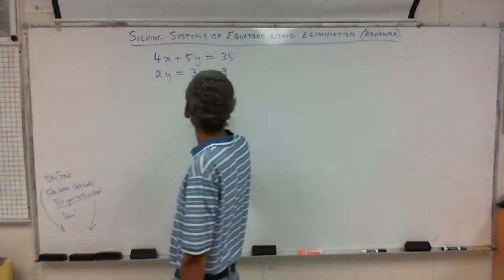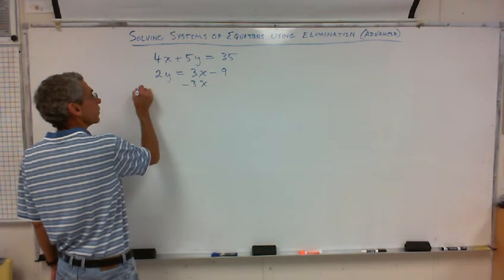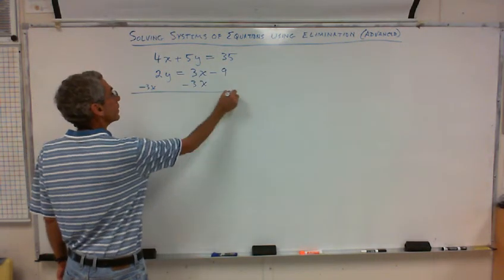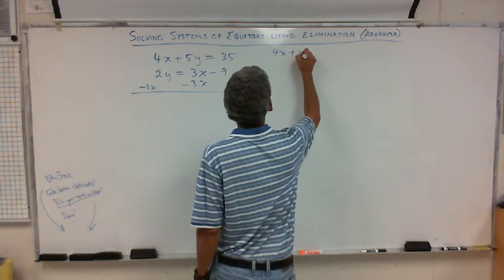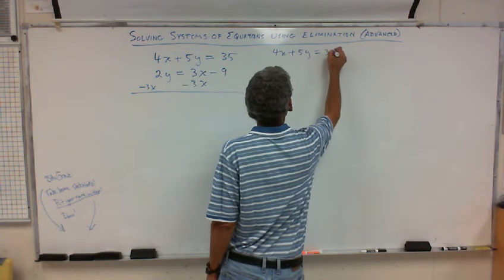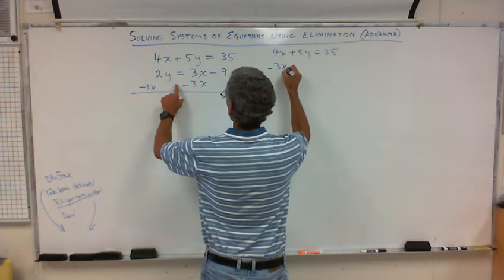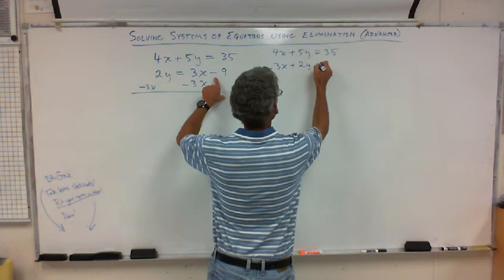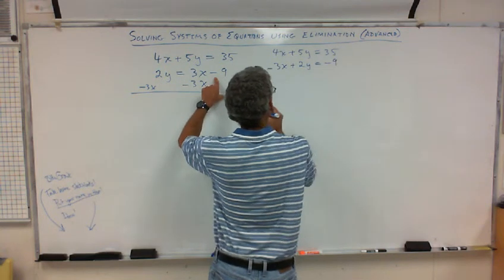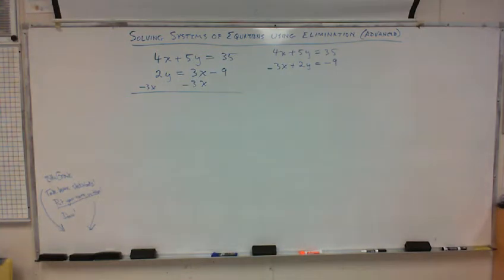So the first thing I'm going to do is subtract 3x from this side, and I'm going to subtract 3x from this side. So that's going to give me 4x plus 5y equals 35 for the top one. And the bottom one is going to be negative 3x plus 2y equals negative 9. Okay? You with me? Did you see how I did that? All right.